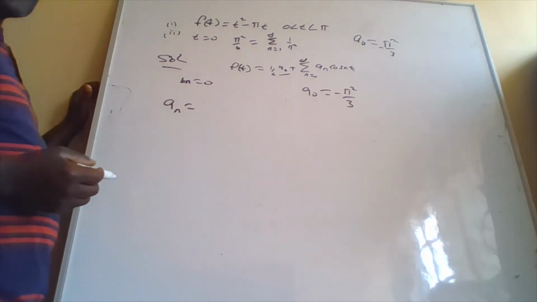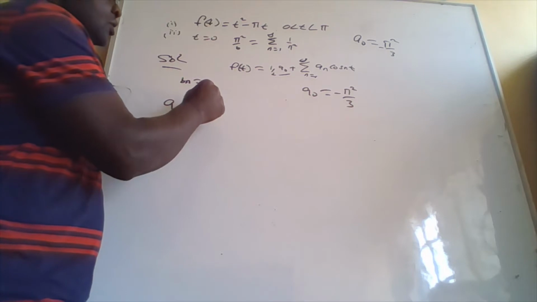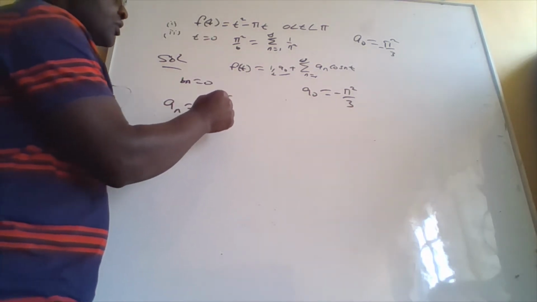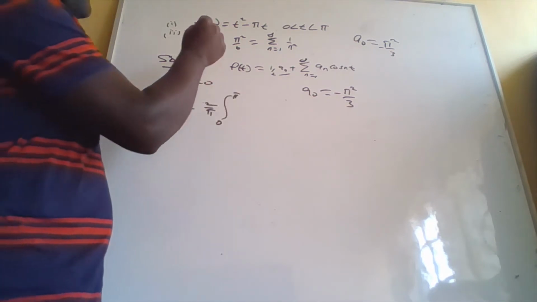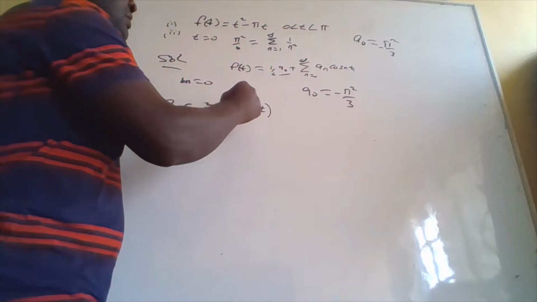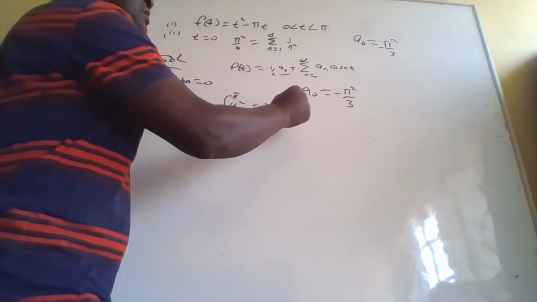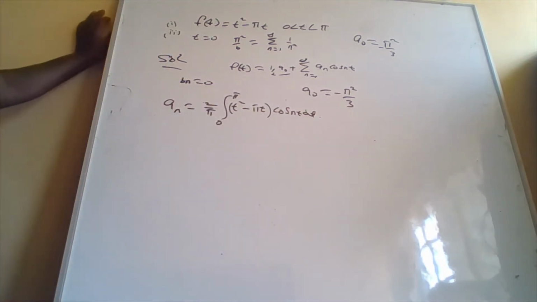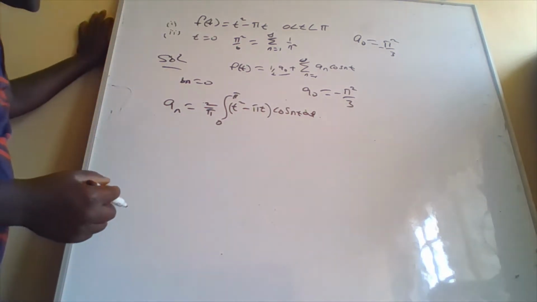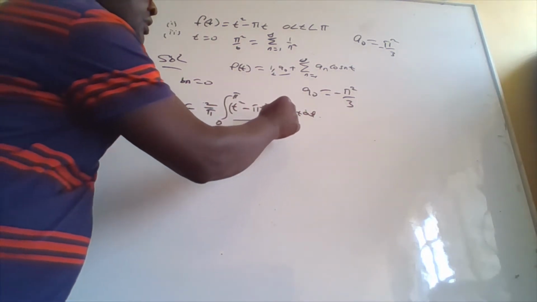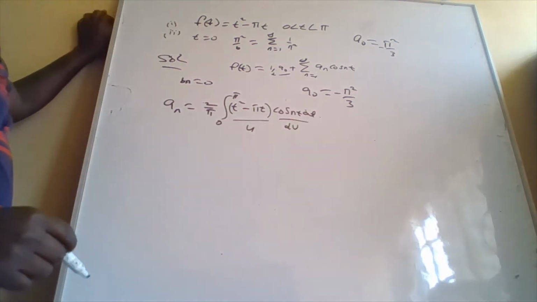Now we go to the next constant, which is a_n, given by 2 over pi, integrating from 0 to pi, t squared minus pi t, cos nt dt. Now here we shall integrate by parts. This will be our u, this will be our dv.